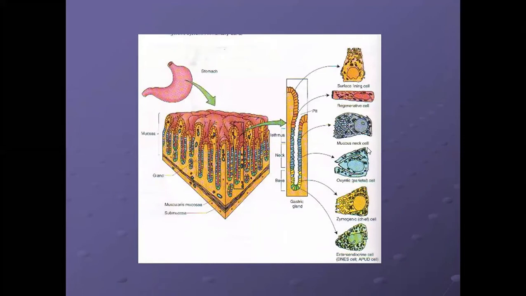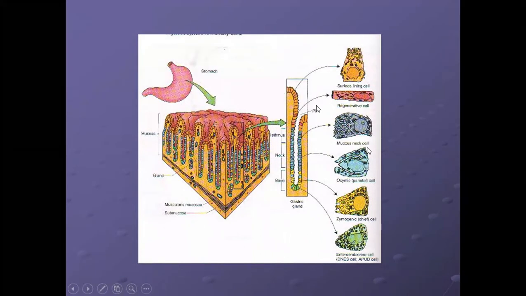So you have your stomach here. Take note, you will see your surface lining cell. They secrete first there, because if you take something that is harmful to the surface, this will be the one that reacts.